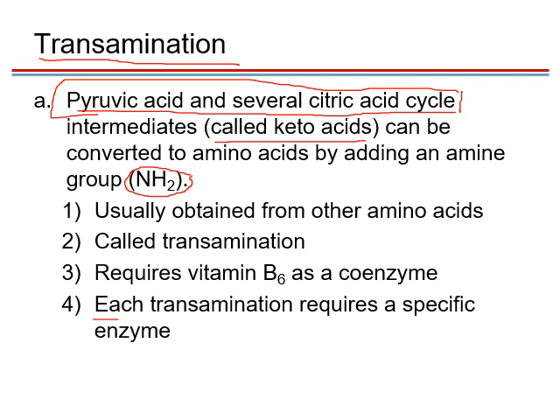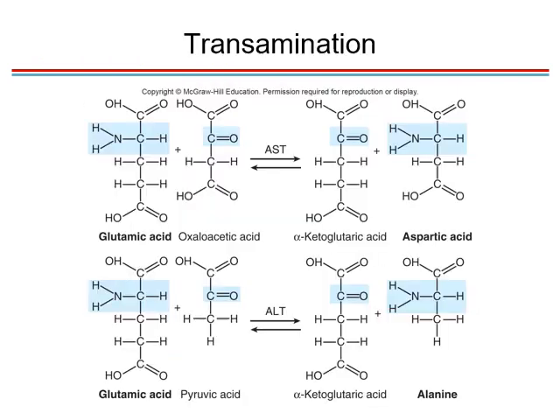We look at this transamination process. Okay, and each one requires a specific enzyme. But basically what we're going to do is remove an amino group from one amino acid and move it over to one of these keto acids to create one of those non-essential amino acids that we can make in the body. Okay. Looking at the transamination, you see glutamic acid.